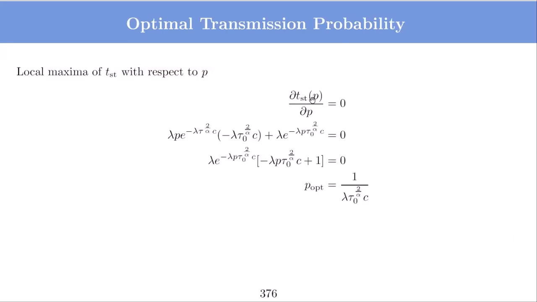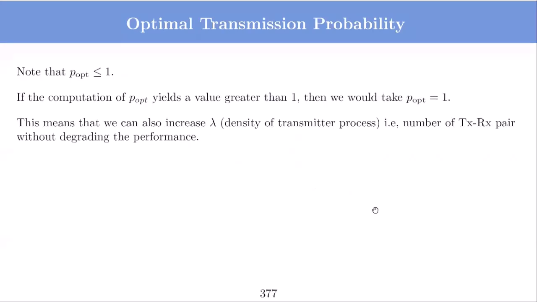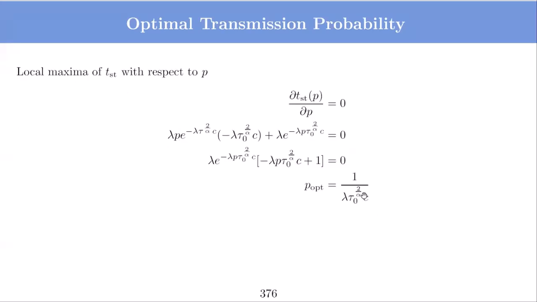Let's take the SIR case. For something to be maximum, a local maximum, you have to make sure the differentiation with respect to p is 0. I put the expression back, solve it, and what I get is p optimal equal to 1 upon lambda T naught to the power 2 by alpha times c. And what if this value is more than 1? Then you just choose 1.